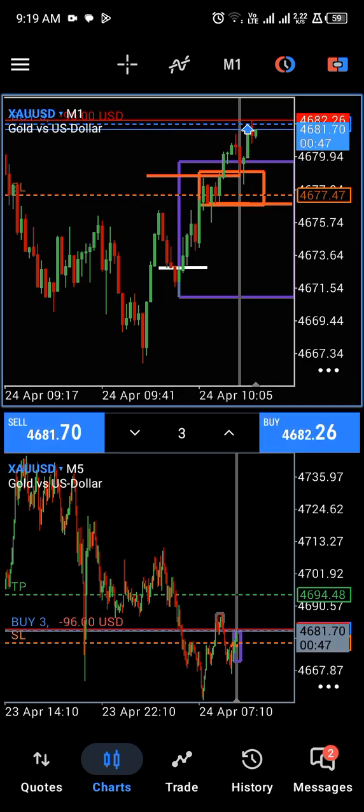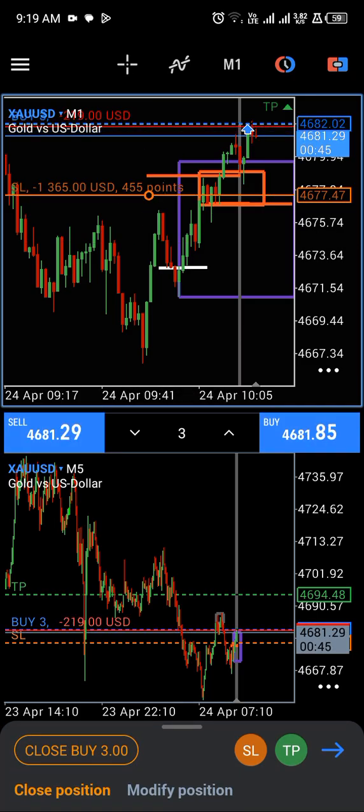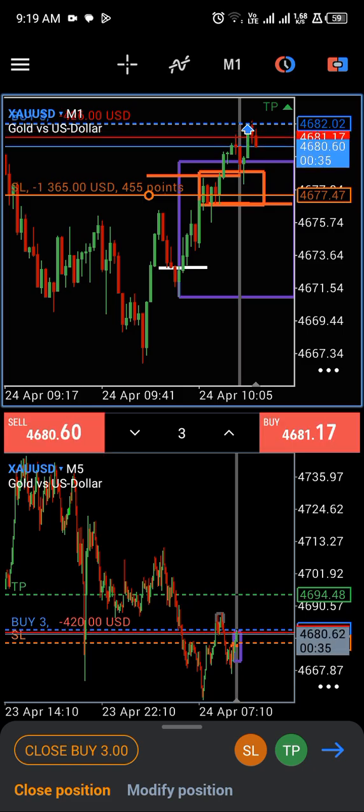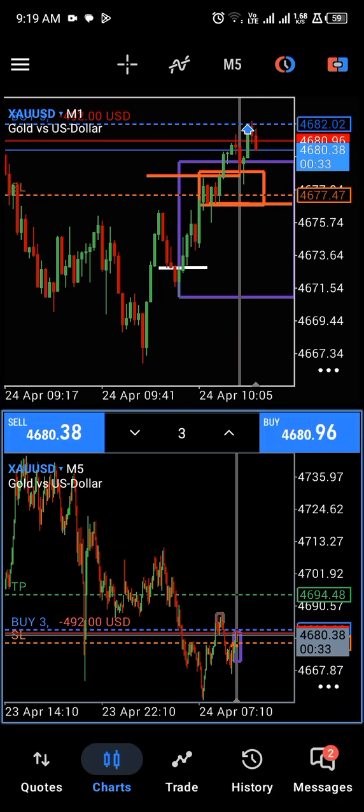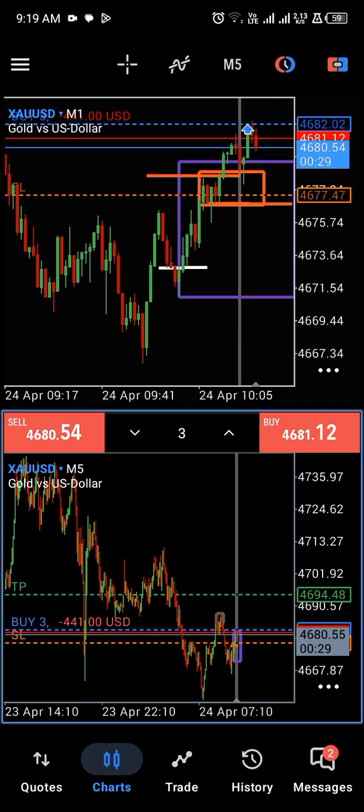So what I think I can do, because now I am having a stop loss that... I was thinking of closing this trade and then reducing my lot size, because now I have reached an extra 400 bucks on top.